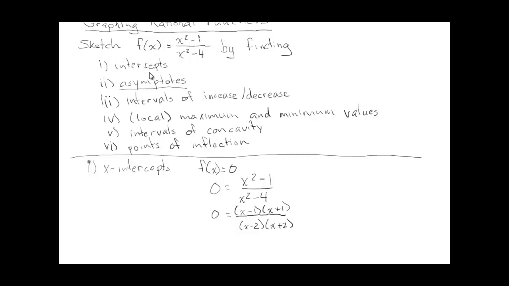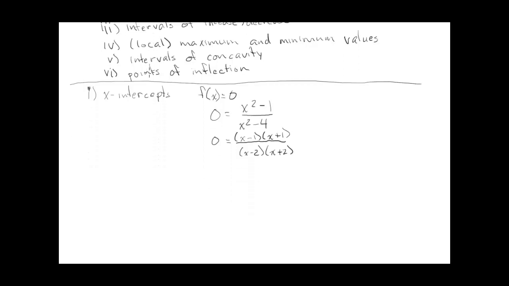And now we can just look at the numerator. Whenever the numerator is 0, the function will be equal to 0, which means x equals 1 and x equals minus 1 are x-intercepts.